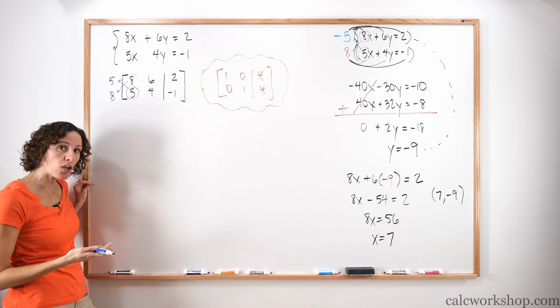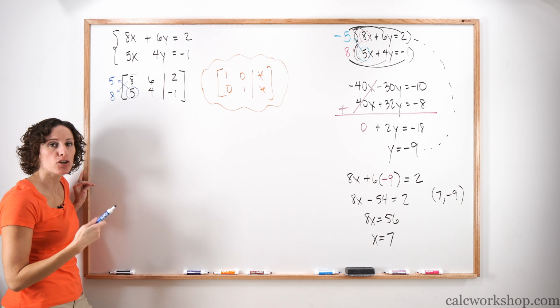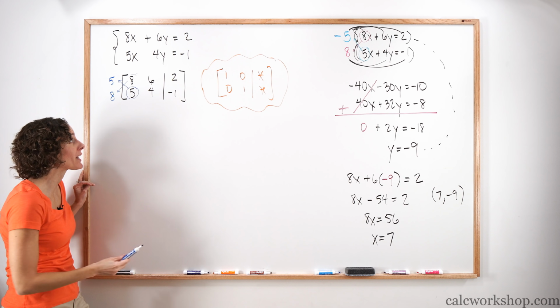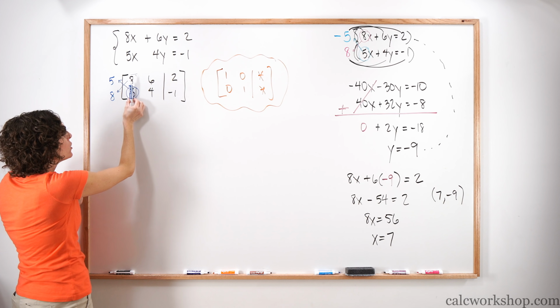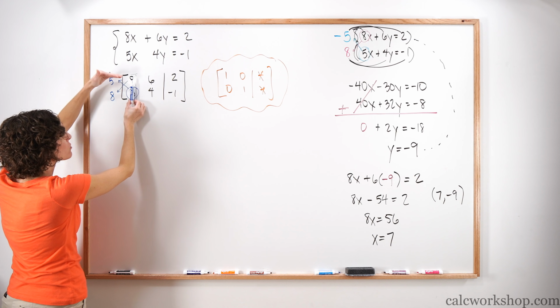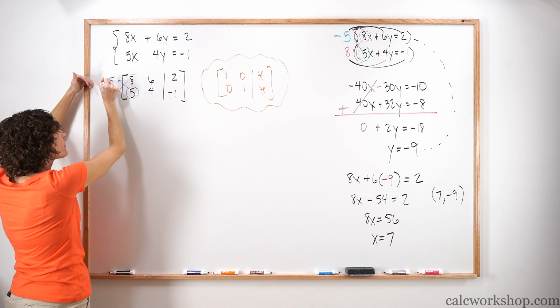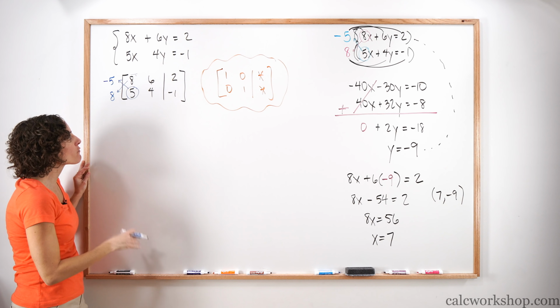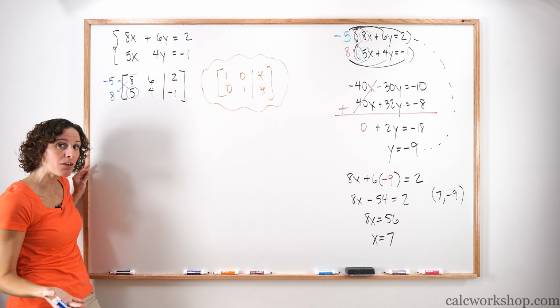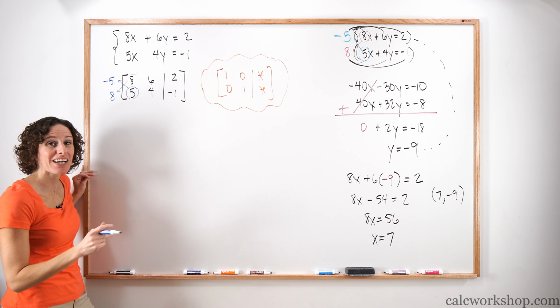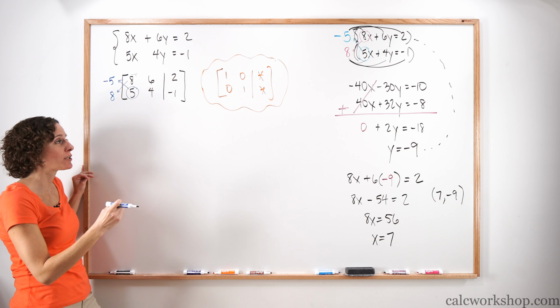Well, whatever column you're in, that's the row that you're going to use predominantly to manipulate. So we're in column 1, so we're going to manipulate the most using row 1. So if we need a negative, he gets the negative. If we were in column 2 and we needed a negative, that means row 2 would get it, because that would be the column-row combination.